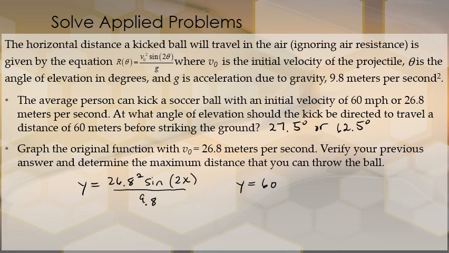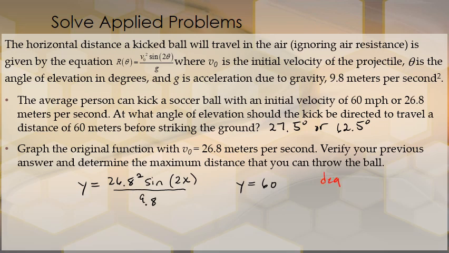I'm going to suggest that you think about this a little bit before you move on in terms of, do I need to have my graphing device set to radians or degrees, and then what sort of window should I have? In other words, my x values, what should those look like? So let's answer some of those questions.